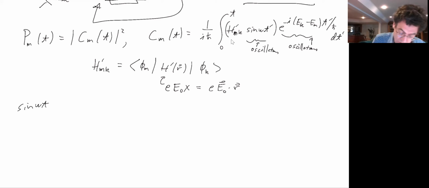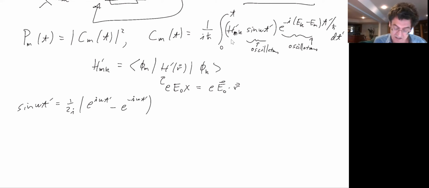Sine omega t prime is equal to 1 over 2i times e to the i omega t prime minus e to the minus i omega t prime. Okay, and so that's a little trick we're going to do.